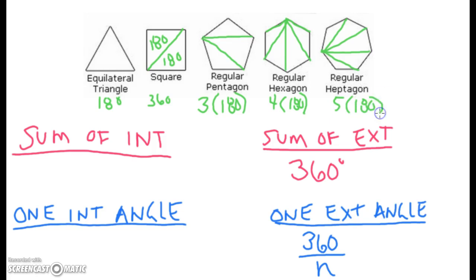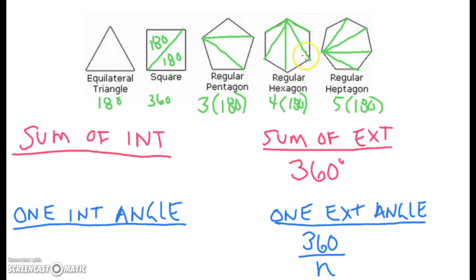To make a long story short, when you're doing these, if you take the number of sides that a figure has, so a pentagon, for instance, has 5, and you take away 2, because there are 2 sides that you cannot connect to make new triangles. So you take 5 minus 2, that's where this 3 came from, and multiply by 180.